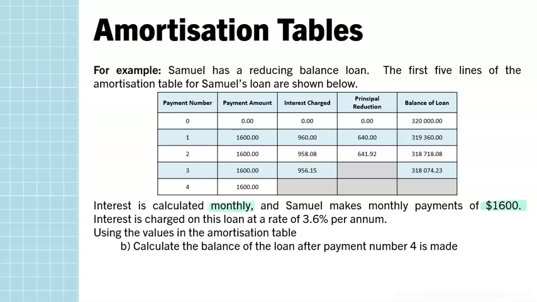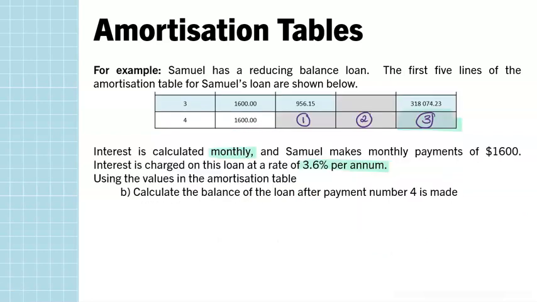The other important thing is that the interest is being charged at 3.6% per annum. So if we want to find the balance after payment 4 is made, this end value here, before we can do that, we firstly need to find what interest was charged, then what was the balance reduction, and then finally, what was the new balance of the loan.